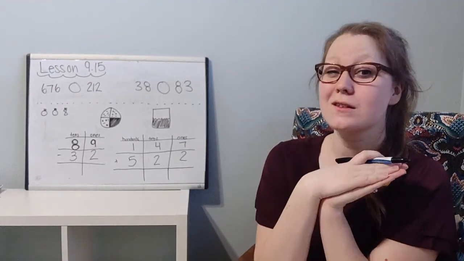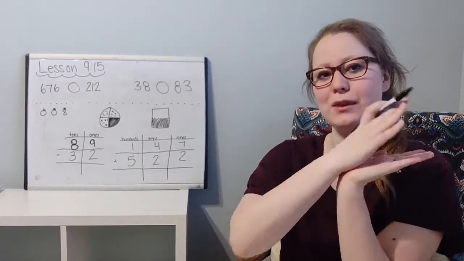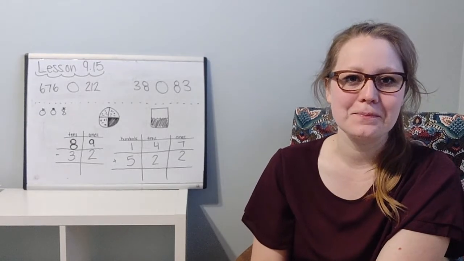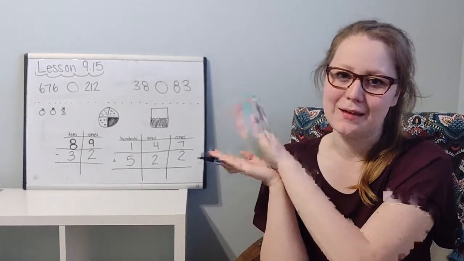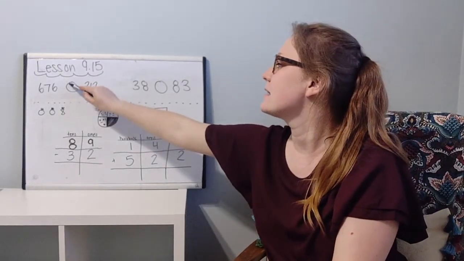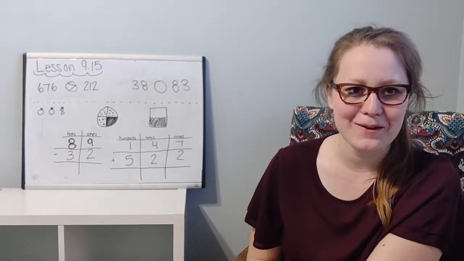So you can also decide which direction Freddie the fish's little mouth is going to open with your hands if you'd like. I hope you went this way because 676 is very much larger than 212.